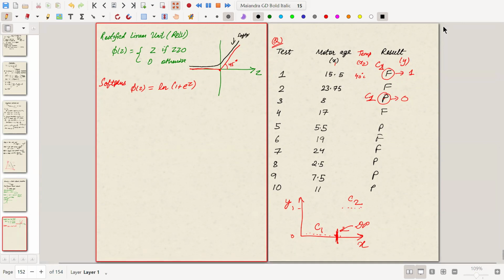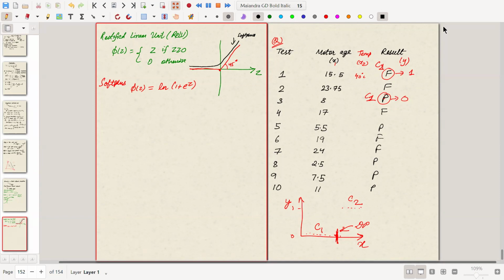It is softplus. So you can see softplus is a continuous approximation of ReLU activation. The softplus function is a continuous and differentiable analog of the non-differentiable ReLU function. ReLU is not differentiable because of this sharp edge, but softplus is very smooth.